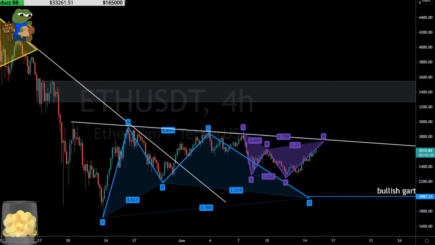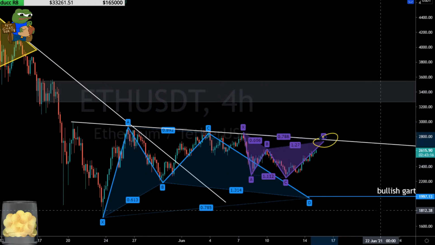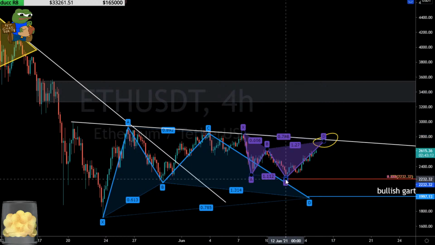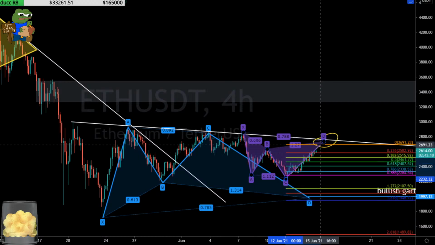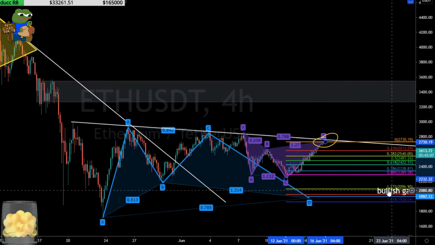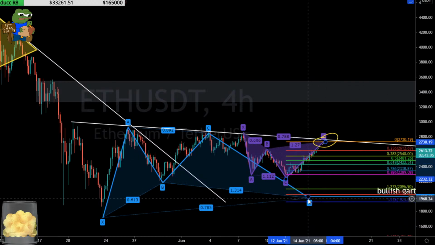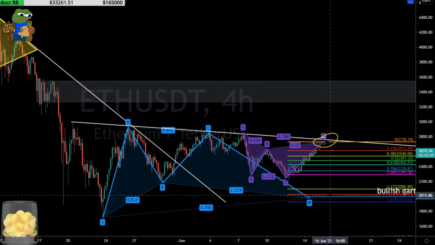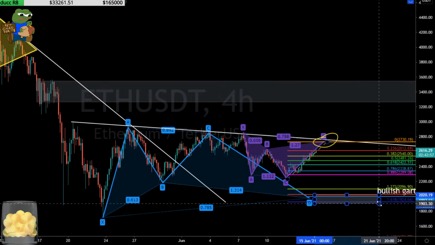Okay, so 786 cipher is right here. If you somehow get that, we would fib from the current low to that area, and you can see that 1618, 1414 fall right in this zone. Okay, so it is something to be aware of.